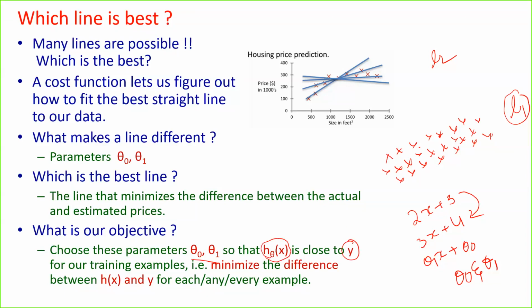This is our objective: to choose these parameters so that the difference between the predicted value h theta of x and the actual value y is minimized for all the training examples.